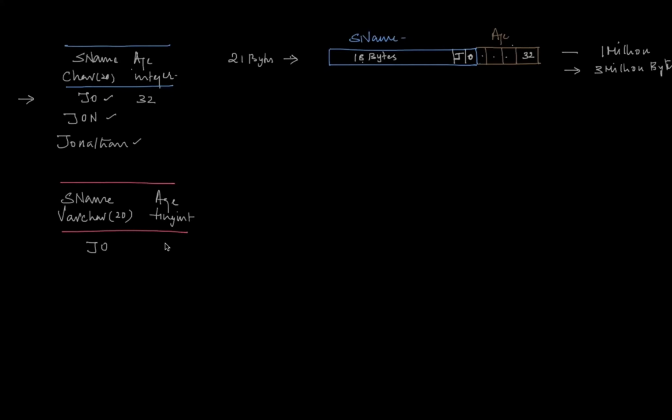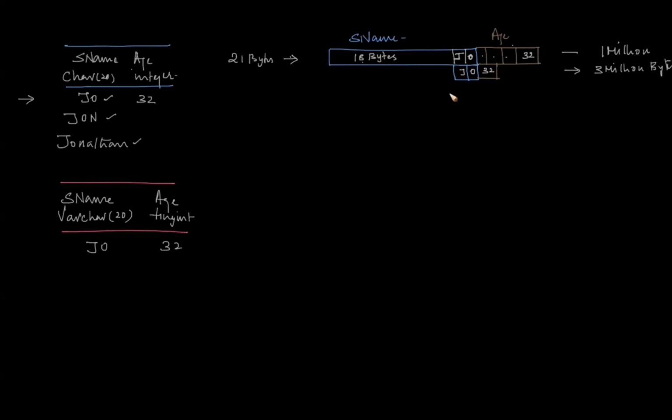If you are entering Joe and 32, how much space will this take? This will only take 2 characters for Joe, and 1 byte for age. So this will take up only this much space and memory.